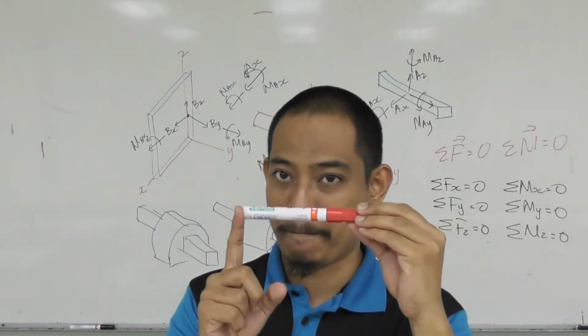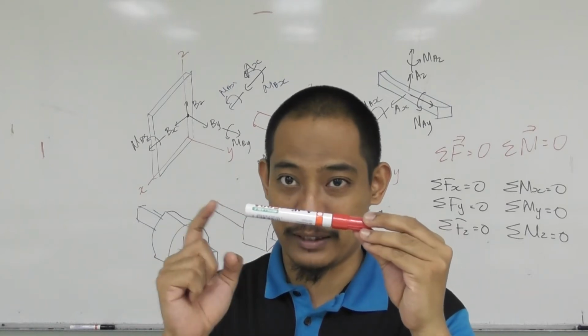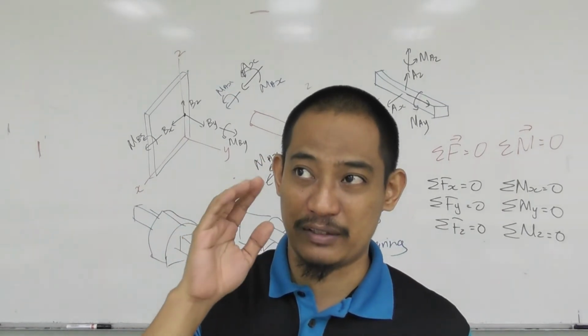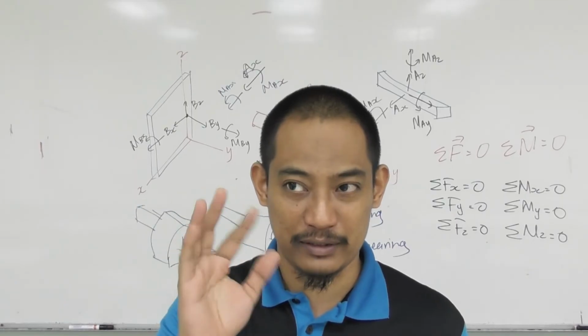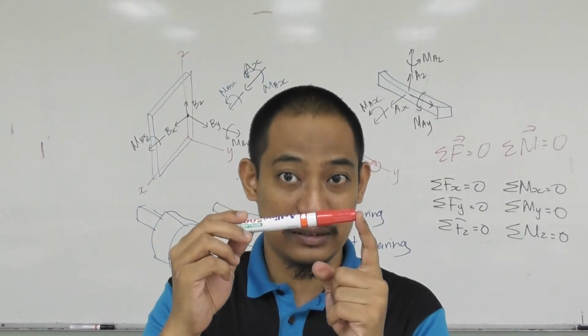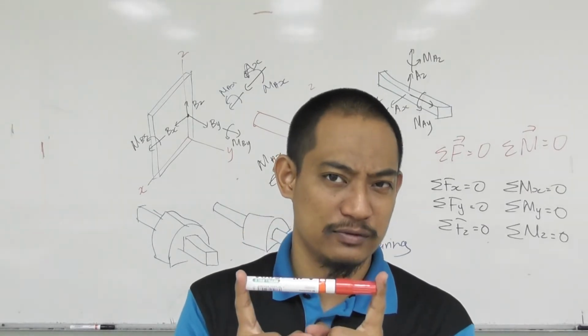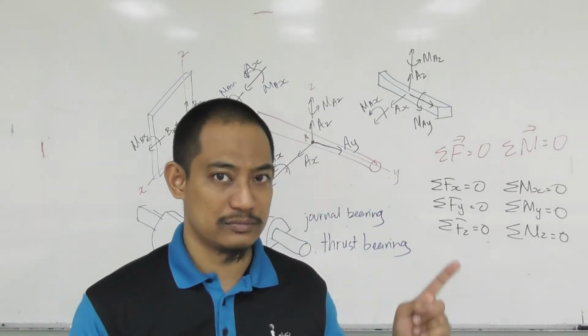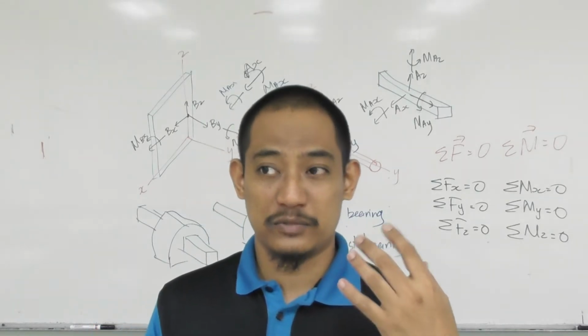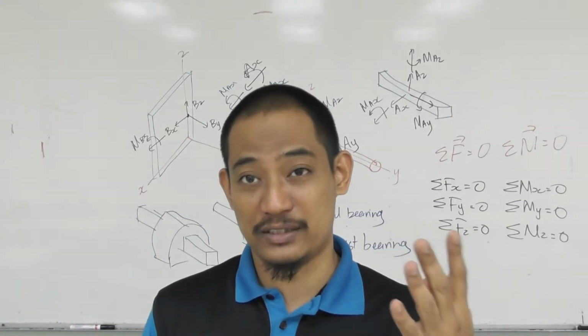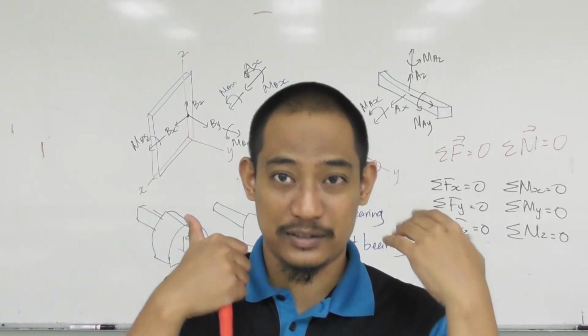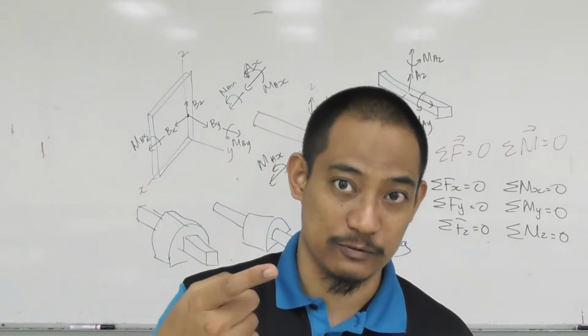You have AX, AY, AZ. It prevents all the movement, but it doesn't prevent rotation. How many here? Another 3. So in total you have 6 unknowns. Can you solve? With 6 unknowns and 6 equations, you can actually solve.